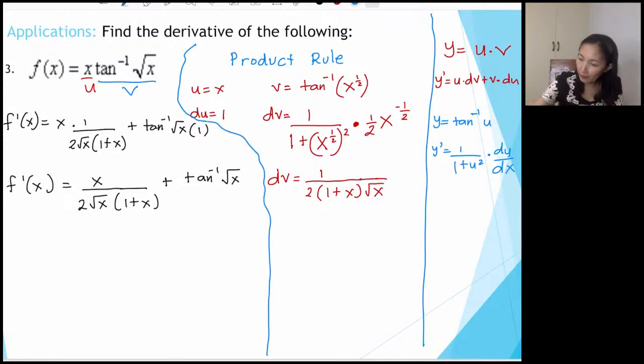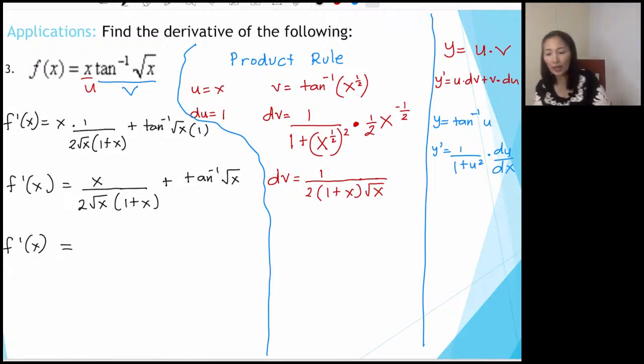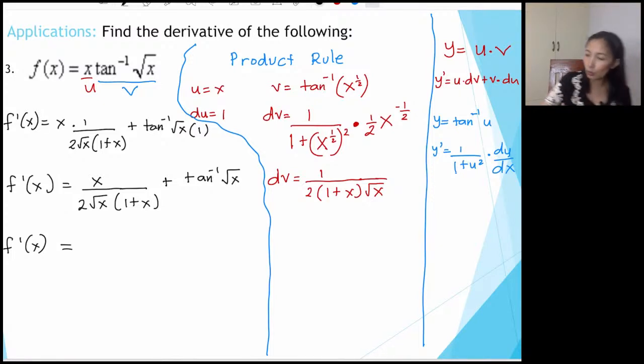Okay, so f prime of x is equal to, look, x here could be expressed as x raised to 1/2 times x raised to 1/2, or simply square root of x times square root of x.